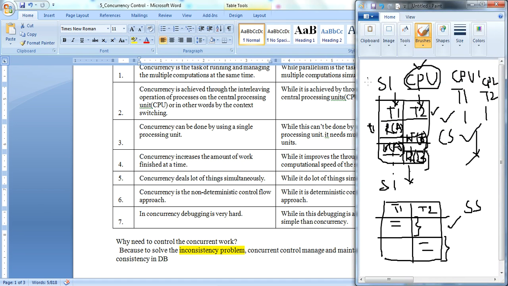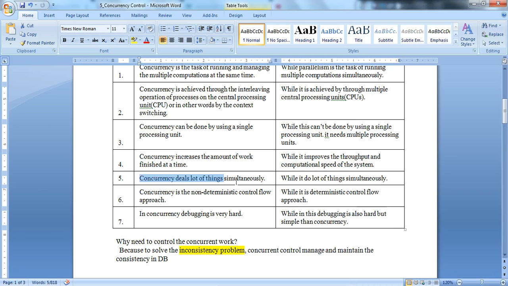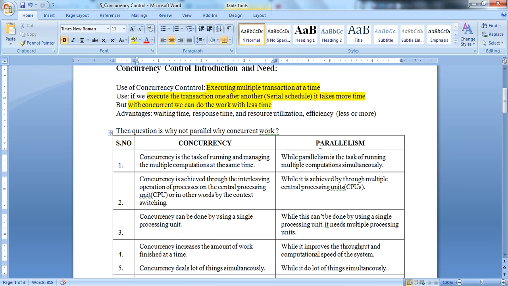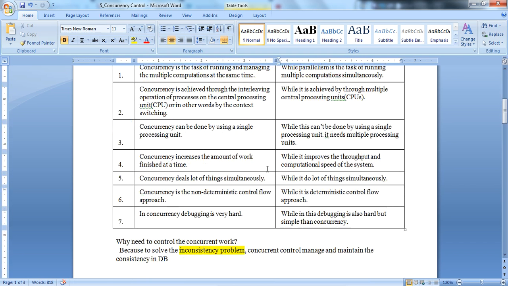Concurrency is a non-deterministic control flow approach, while parallelism is a deterministic control flow approach, because the tasks run individually but in parallel. In concurrency, debugging is very hard, while in parallelism debugging is also hard, but simpler compared to concurrency. This is the difference between the concurrency and parallelism concepts.